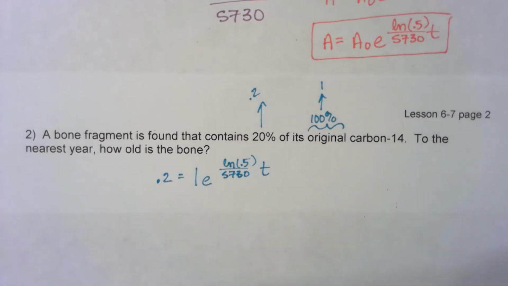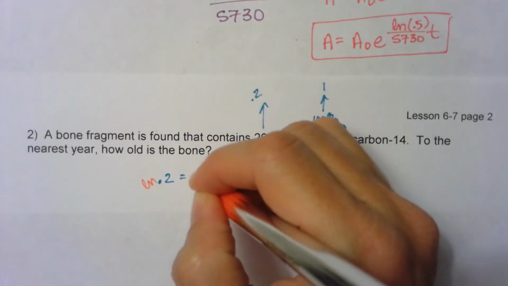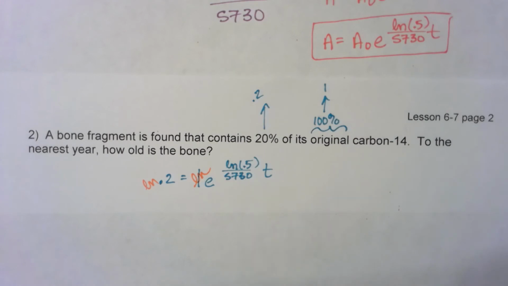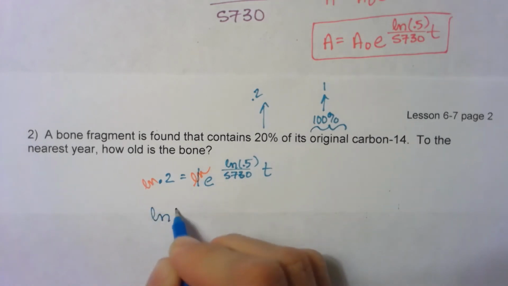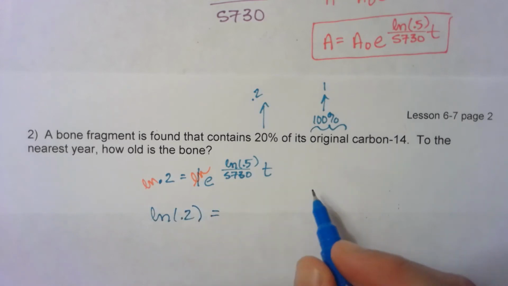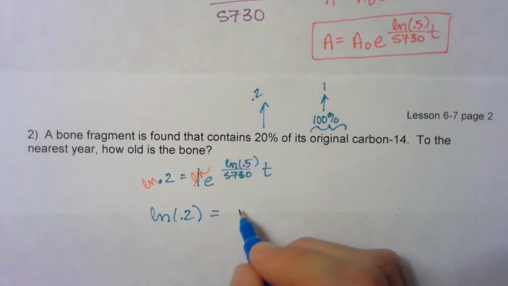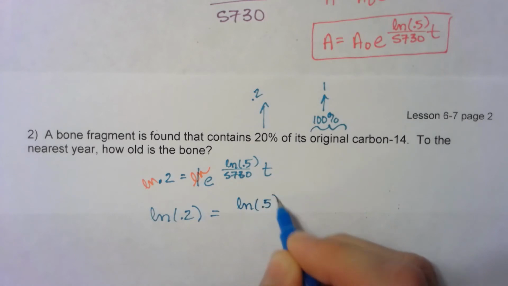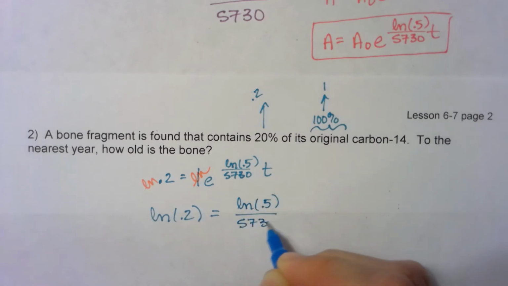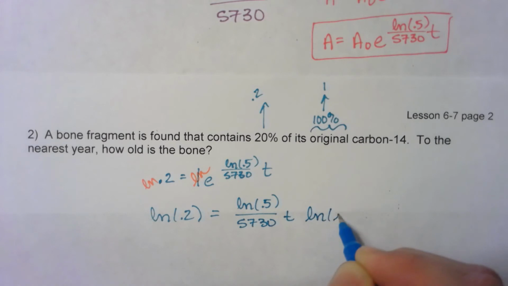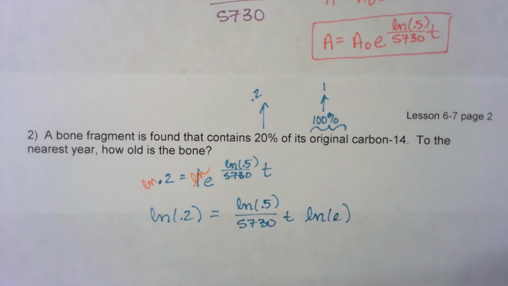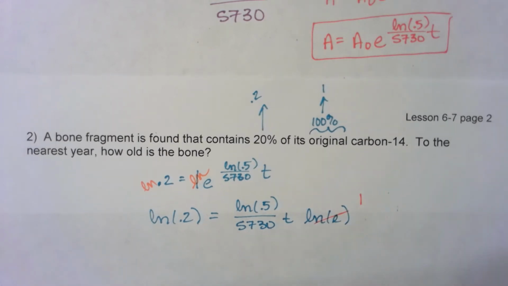So to solve this, we need to take the natural log of both sides. Remember that 1 is just 1 times all that, so we don't really need it sitting there. So we have natural log of 0.2 is equal to, bring the exponent down, the natural log of e is 1. So we divide by all of that stuff.